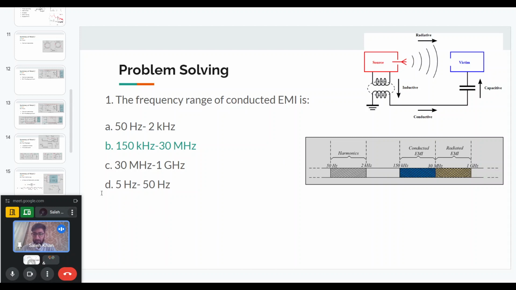And 5 to 50 hertz is usually not encountered in grid connected systems, but it may be encountered in variable speed motor drives, where you want a full speed range, for example in vehicles or some other application. There we will get this kind of very low frequency range if the speed is low. But the question is asking about the conducted EMI, so there we have 150 kilohertz to 30 megahertz.